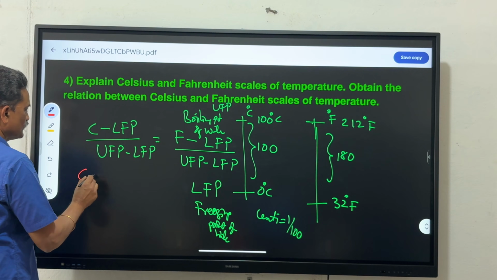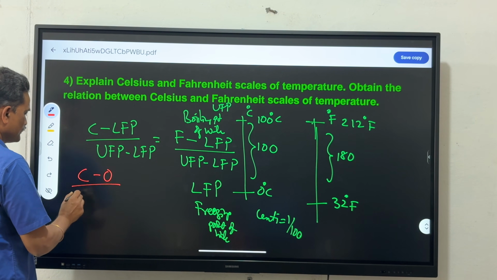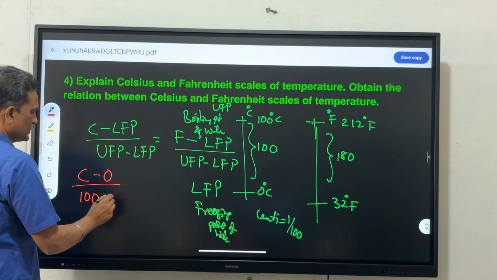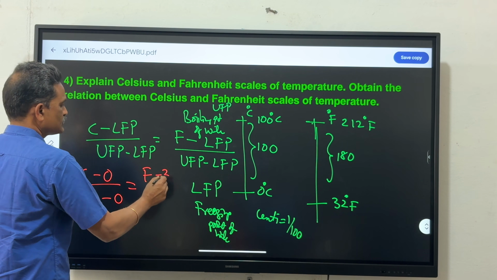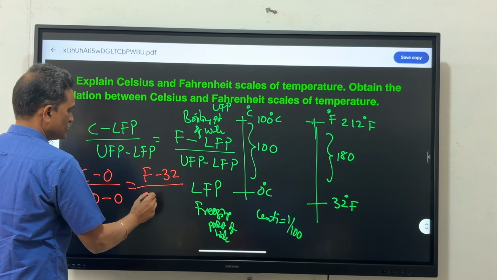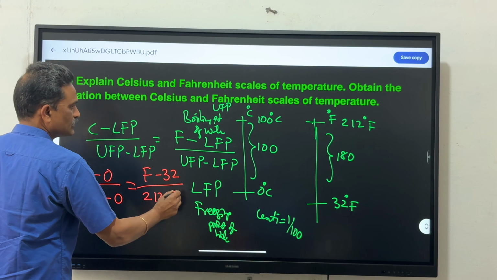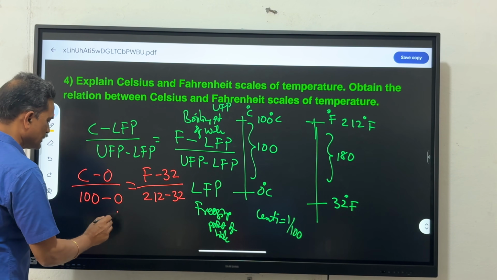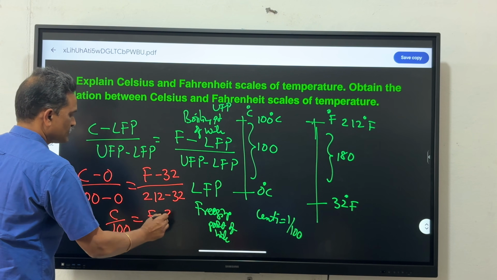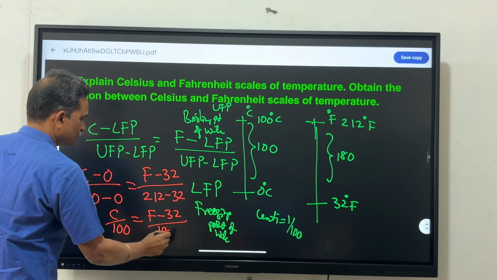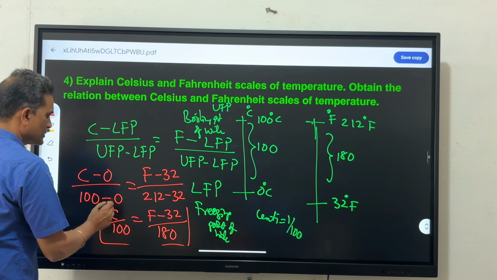So for C, the lower fixed point is 0 and the upper fixed point is 100. This is equal to (F minus 32) divided by (212 minus 32). So I get C/100 = (F minus 32)/180. If you write up to this relationship, you will get 4 marks.